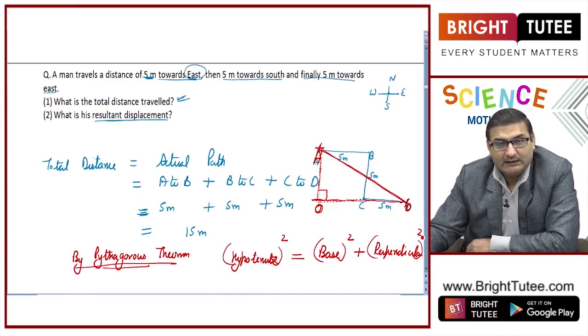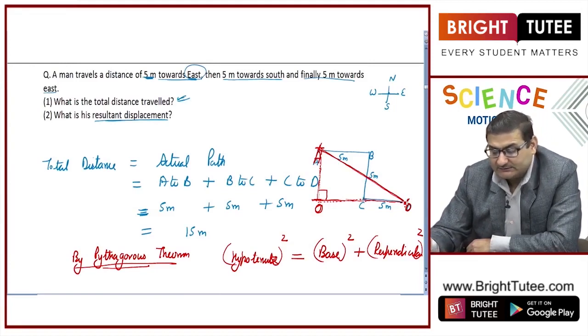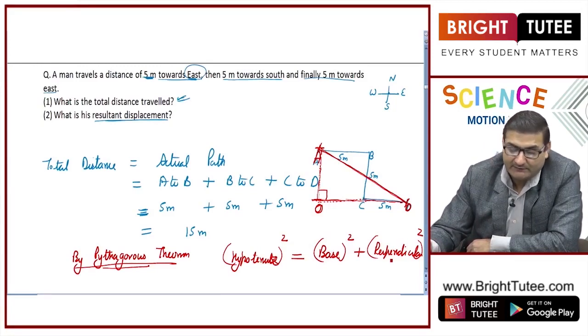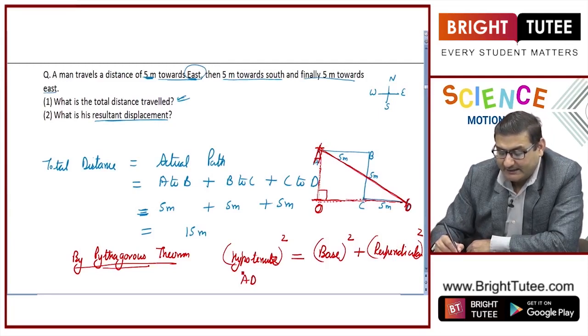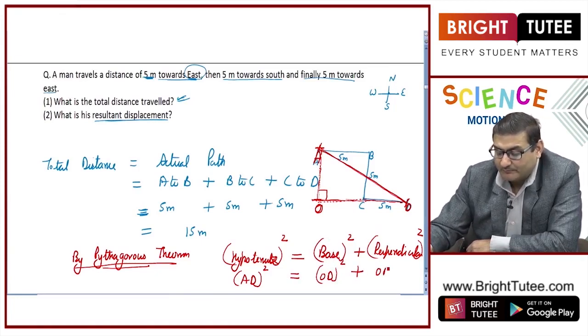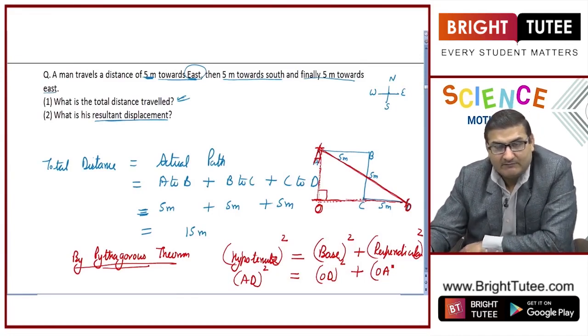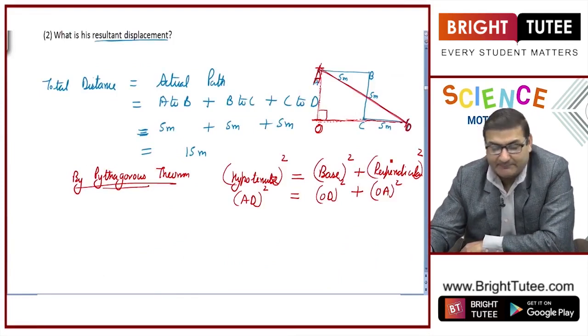I repeat, according to the Pythagoras theorem, the square of the hypotenuse, which is AD, is equal to the sum of the square of the base and the square of perpendicular. If we talk about this particular figure, then the hypotenuse is AD. So I will relate that AD square will be equal to the base OD, the square of OD, plus perpendicular OA, the square of OA, right? This is what my formula or equation will become.